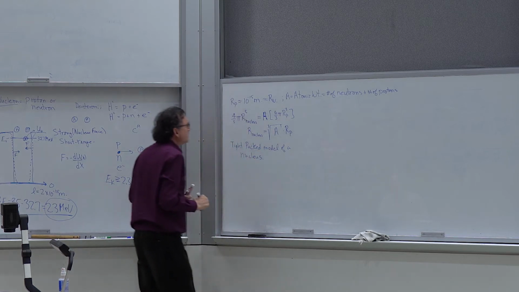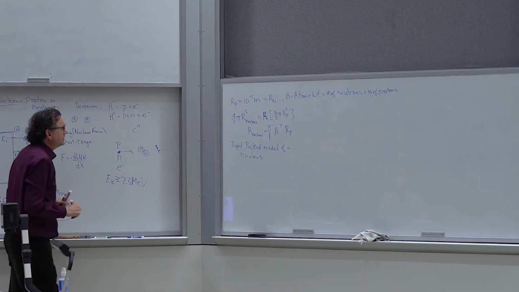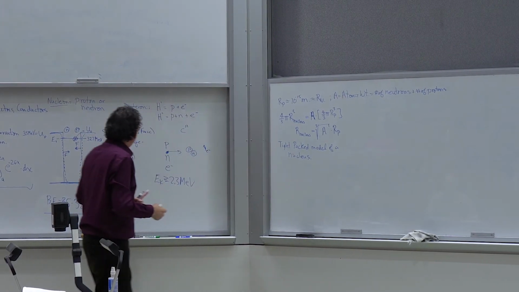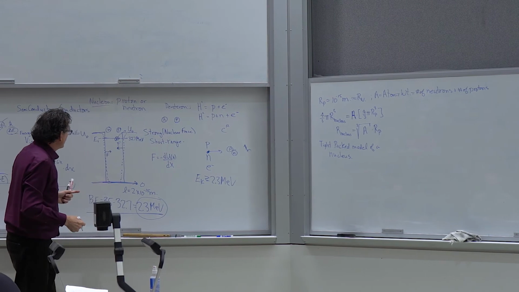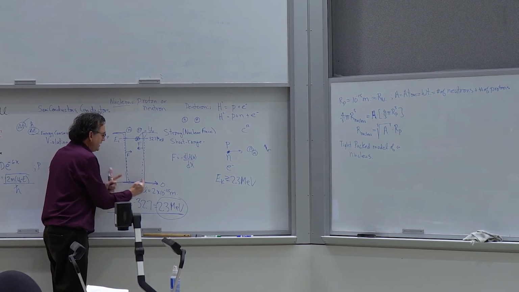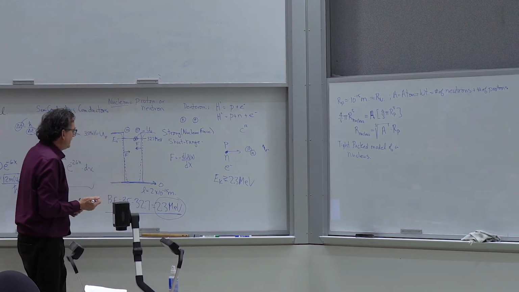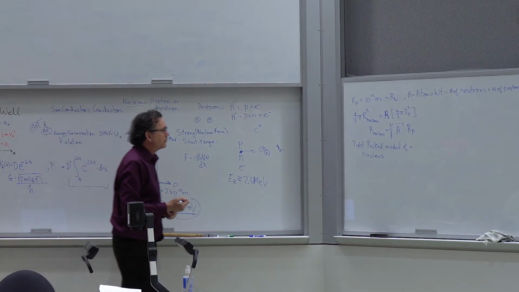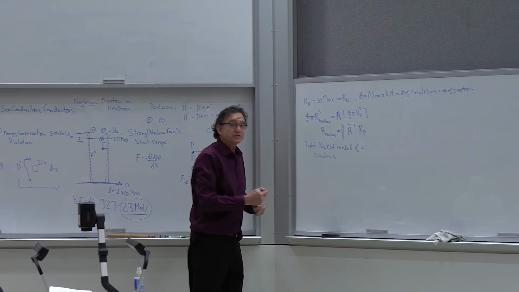And we found that because of measurements done independently on the size of the proton and the size of the neutron and the distance over which the forces appear to exhibit a significant amount of force, we can then come up with how to measure the size of a nucleus.